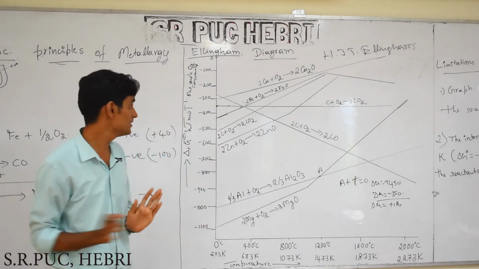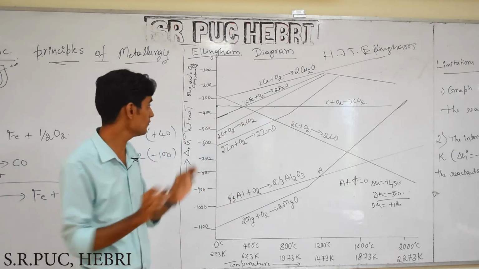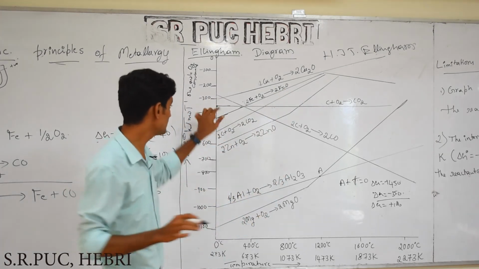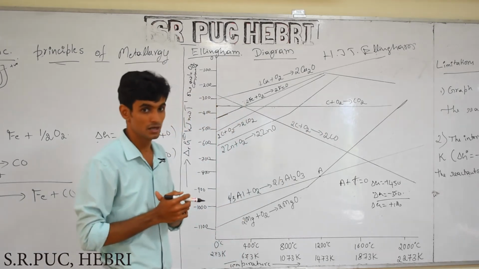This reaction will not be feasible, or the reduction of this iron oxide will not be possible at 0 degree Celsius using this as reducing agent.